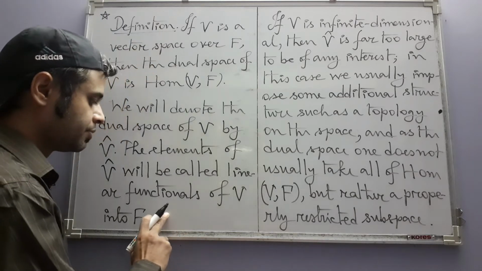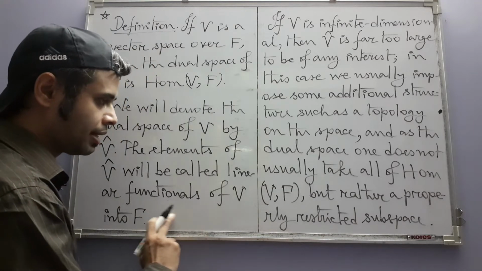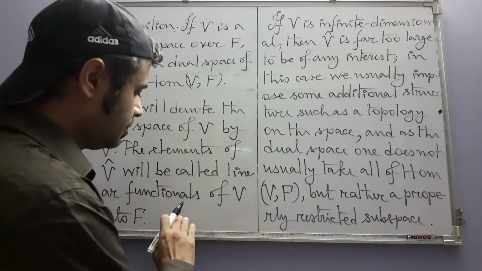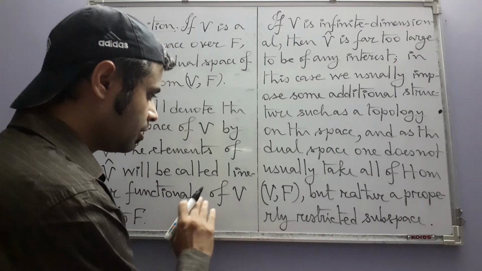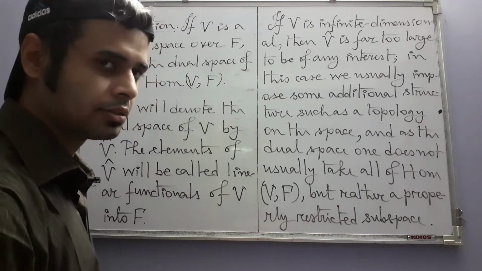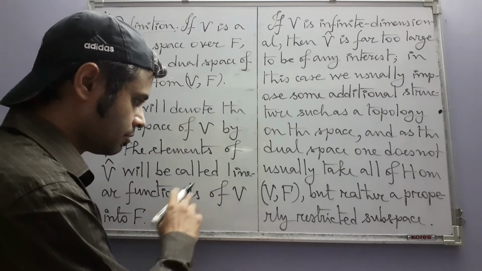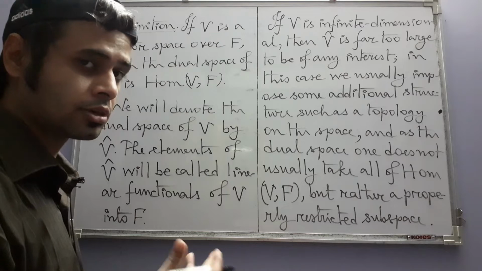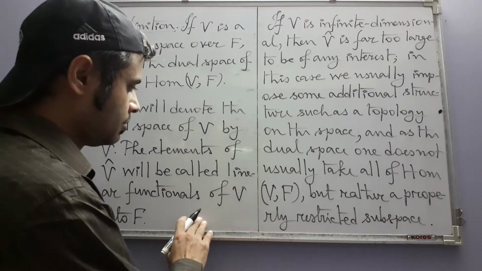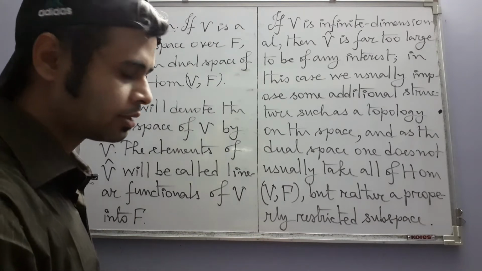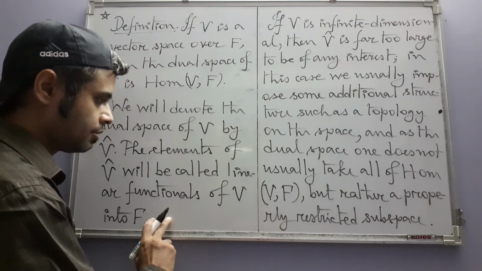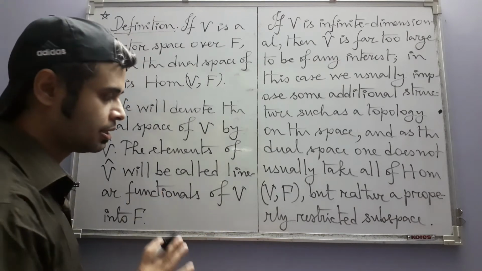For example, a Banach space, if you recall, is a normed linear space. There you have a norm, and from that norm a metric structure arises, and from that, of course, you have a metric topology, and the space is complete also.